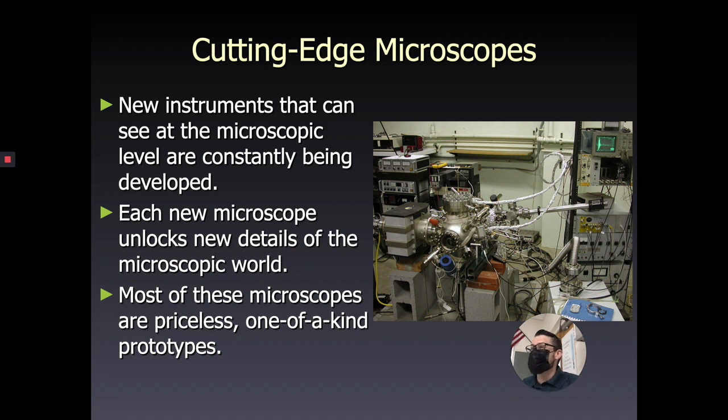There are still things within the realm of biology that we haven't clearly visualized because they're just too small even for our best equipment. Talking about something like DNA, we've only gotten glimpses of what DNA looks like at a microscopic level because it is so small. So there's still more that we want to be able to visualize. We just need the right equipment, the right tools to do it.